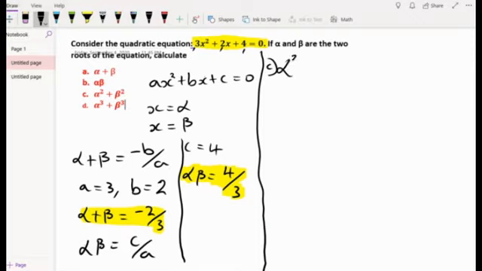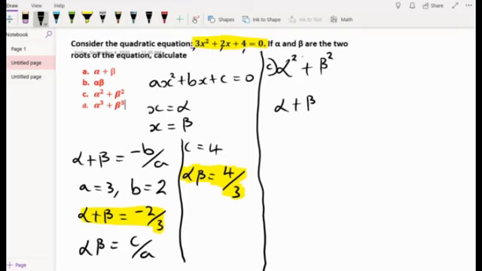alpha squared plus beta squared. What you need to always put in your mind is that when you are solving questions that have to do with alpha and beta and you are asked to do things like this, you need to look for the expansion of the power outside the bracket.